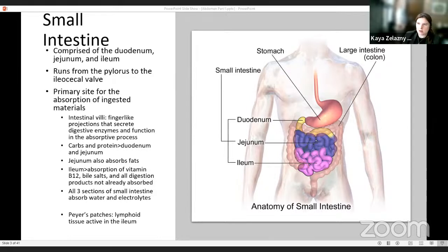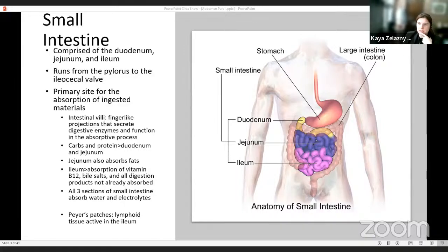Depending where we are in the small intestine, we're going to be absorbing and digesting different stuff. Carbohydrates and protein are going to be digested in the duodenum and in the jejunum. The jejunum is also going to absorb fats.